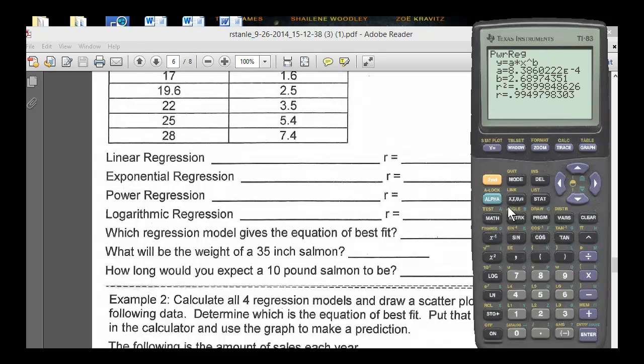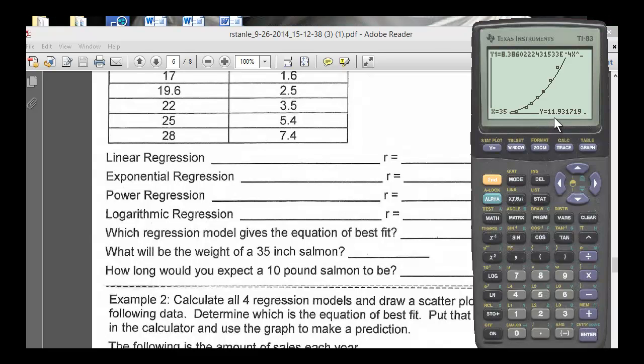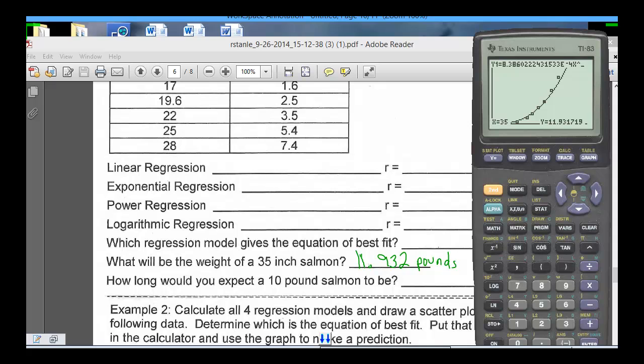Go to Window, change the window to something bigger than 35 for the x max. How about 40? We do second, trace. We want the value. Plug in 35. The weight of the fish will be 11.932 pounds.